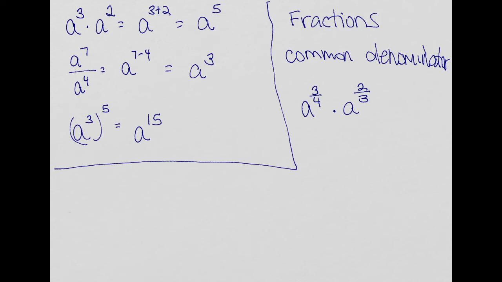So our common denominator between 4 and 3 is going to be 12. 4 times 3 is 12. 3 times 3 is 9. 3 times 4 is 12. And 2 times 4 is 8. So what I'm actually adding here is a to the 9/12 plus 8/12. And 9 plus 8 is 17. So we'll have a to the 17/12.